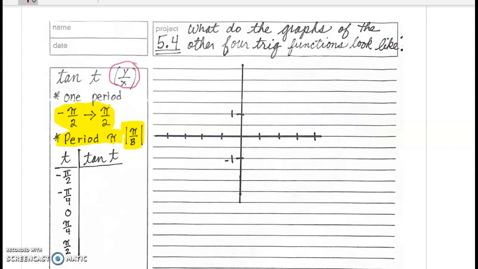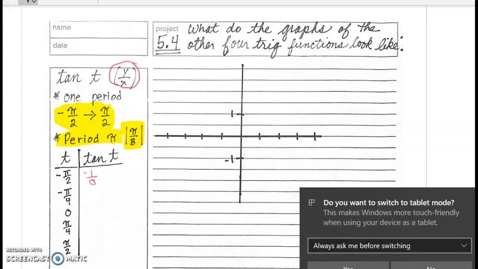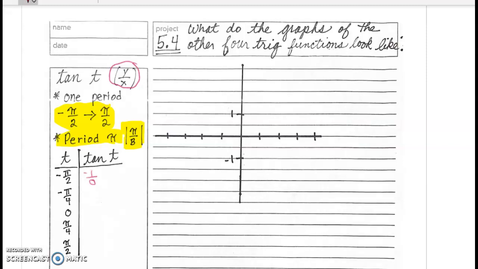My y is negative 1, and my x is 0. So if you recall, anything over 0 is undefined. Okay? Undefined. Sorry, I had to flip the computer.